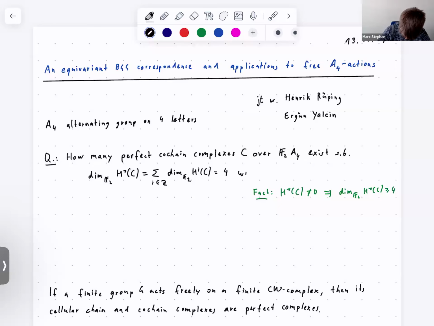So let's say we have 4 homogeneous basis elements and they lie in the following degrees. Let's say the smallest degree should be in degree 0. Then we have 1 in degree 21, 1 in 37. And the last one is some number k that should be bigger, but we don't fix it.